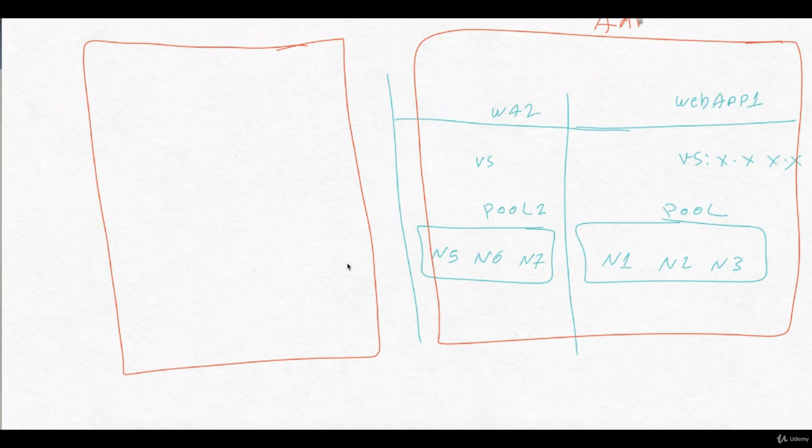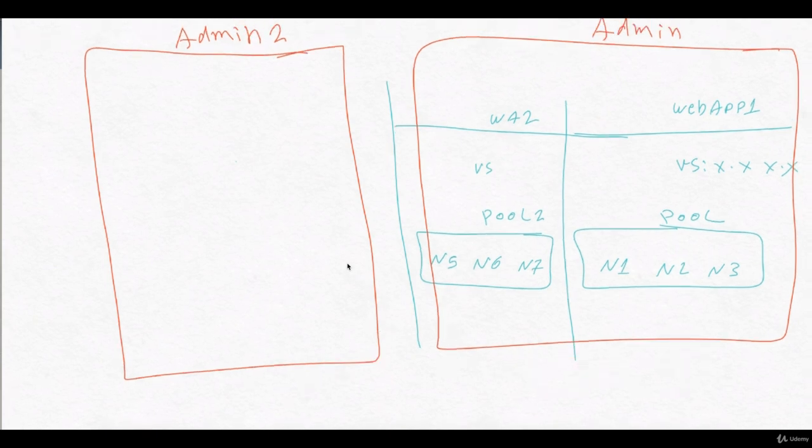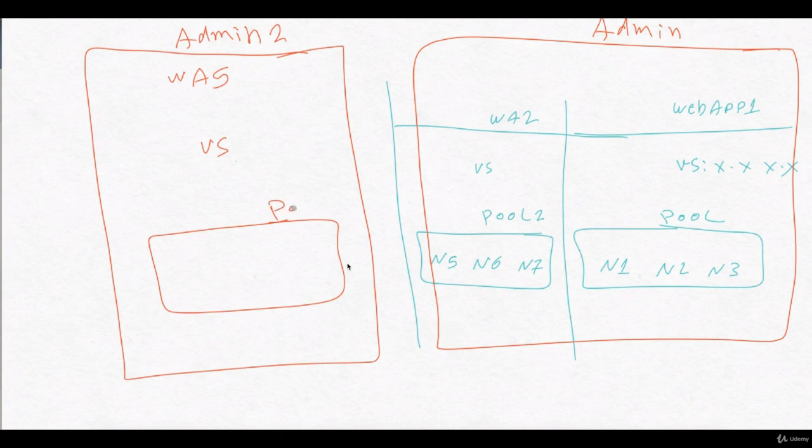This is the default admin, and then you want to create admin 2 to manage the objects for the other business unit. For example, they have web app 5, with their own virtual server, pool, and nodes.